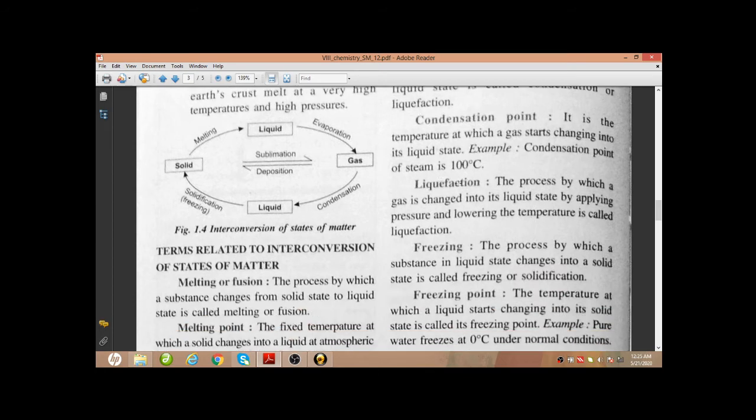Liquefaction, what is this? It is the process by which a gas is changed into its liquid state by applying pressure and lowering the temperature.